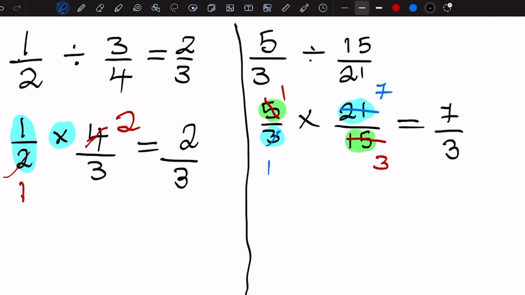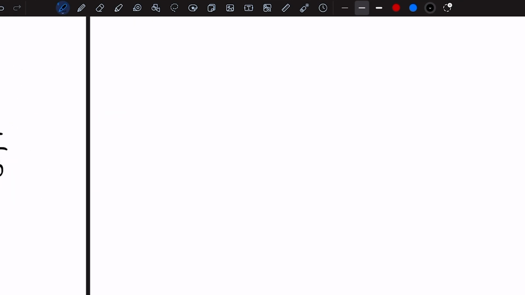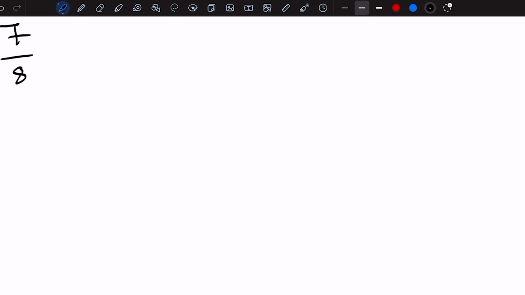Alright, so let's look at the next example. Let's say we have a 7 over 8 divided by a 14 over 24. Alright, so that's what we have right here.